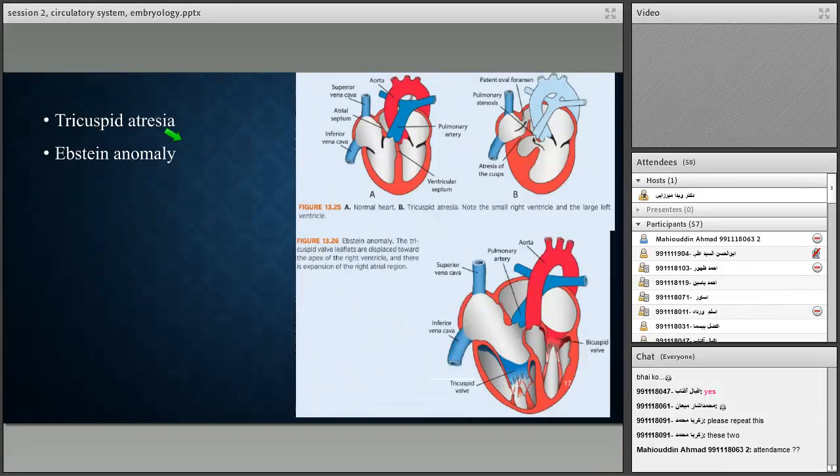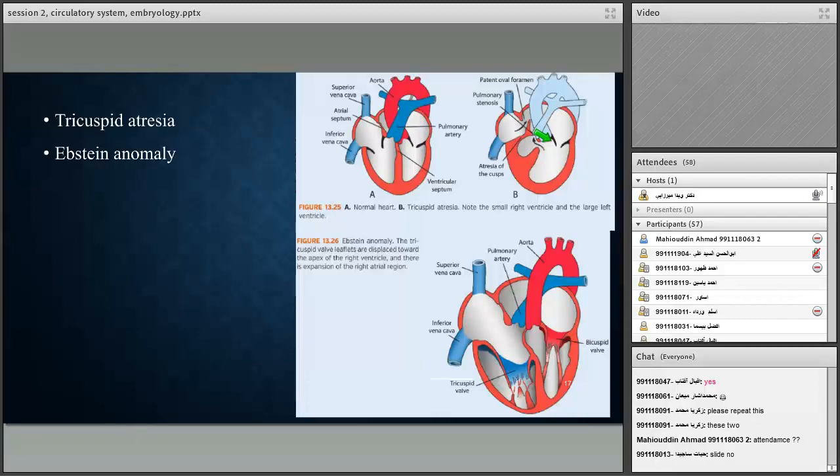Look at here. We have two other kinds, tricuspid atresia here. This is the normal heart, and this is tricuspid atresia, slide number 17. In tricuspid atresia, the orifice of the right atrioventricular canal is closed.